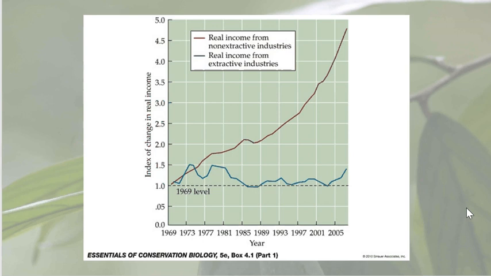The non-extractive or the service use of biodiversity, or indirect use of biodiversity, coupled with those existence and bequest values of biodiversity, are increasing in value year on year as more and more people become aware of the services and more people are willing to contribute money to make sure that biodiversity exists.